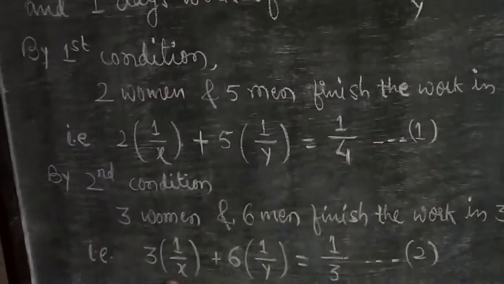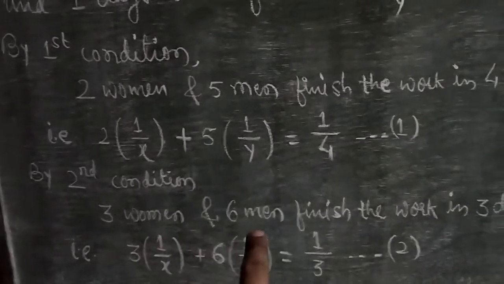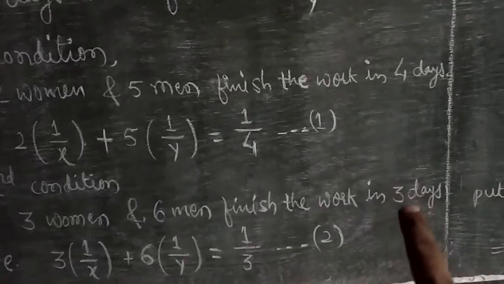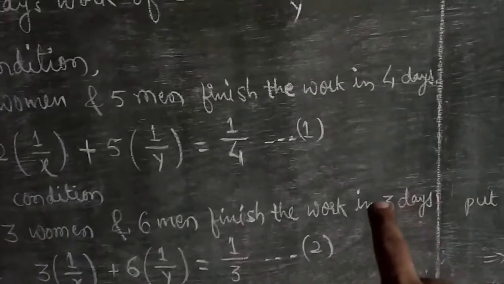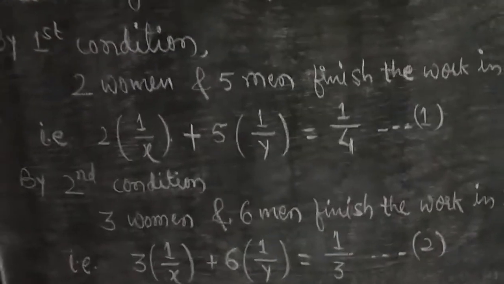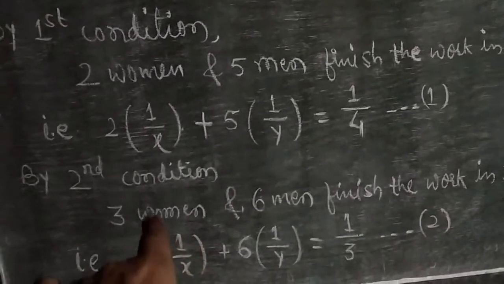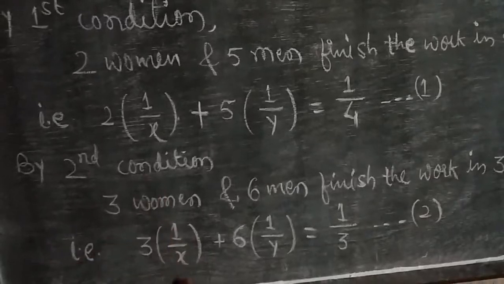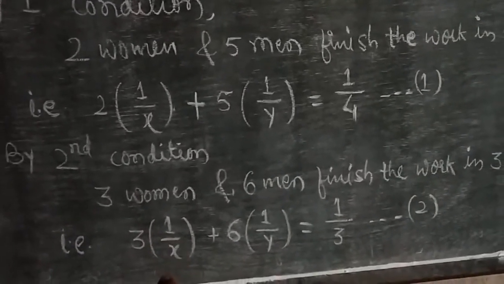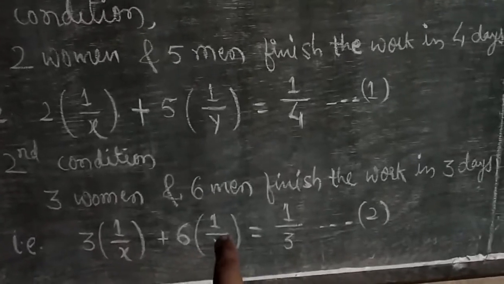Similarly, by the second condition, 3 women and 6 men finished the work in 3 days. So the total days taken by them is 3, and 1 day's work will be 1 upon 3. Now 3 women's work will be 3 into 1 upon x, and the work of 6 men will be 6 into 1 upon y.